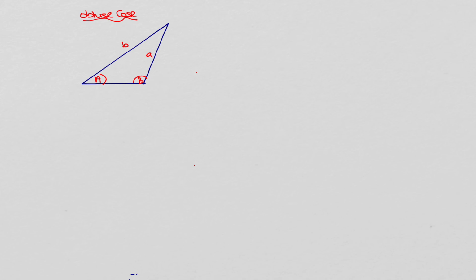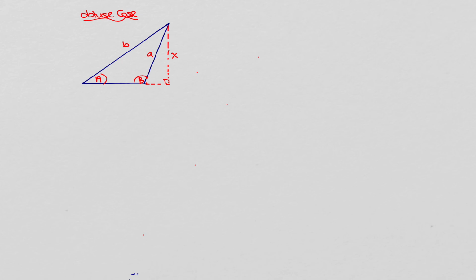So what we're going to do is extend the base of the triangle out, drop a line down. And now what we have are 2 right angle triangles again. I'll call the new right angle side X.